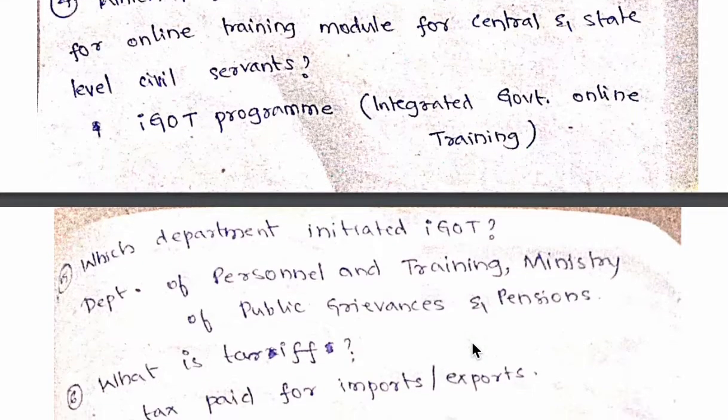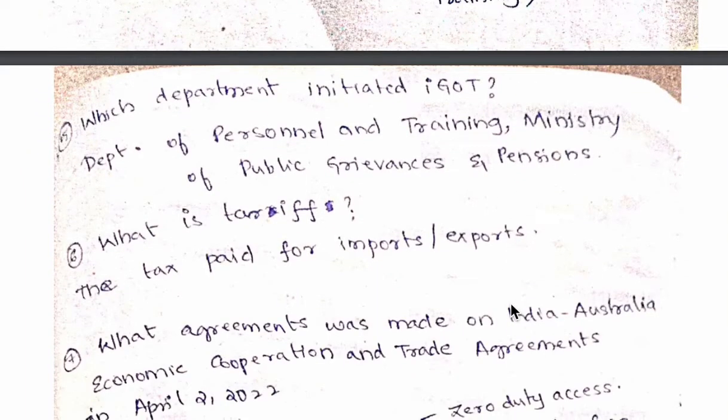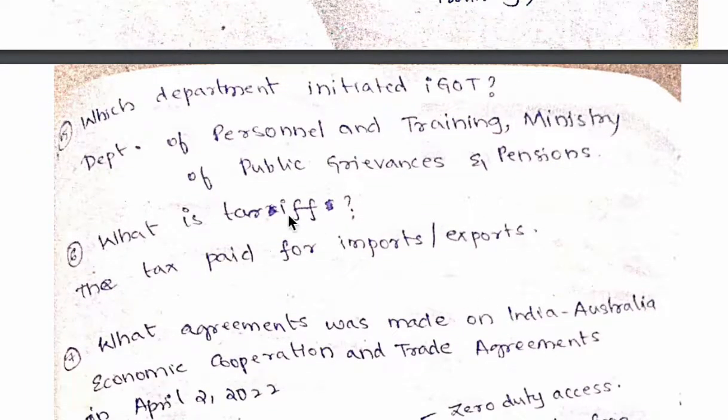Fifth question, which department initiated iGot? It is under the Department of Personnel and Training, under the Ministry of Public Grievances and Pensions. Sixth question, what is tariff? The tariff is the tax paid for imports or exports.